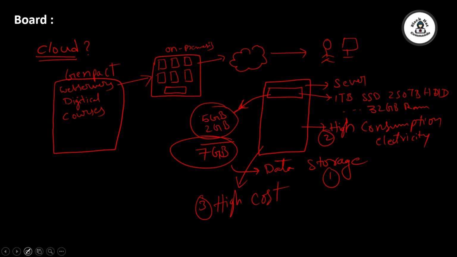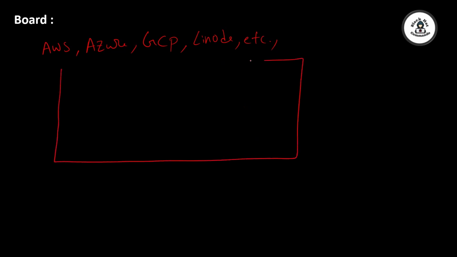Now we will discuss after the existence of cloud. Cloud services like Amazon Web Services, Microsoft Azure, Google Cloud, Linode, and other cloud providers create a big data center.